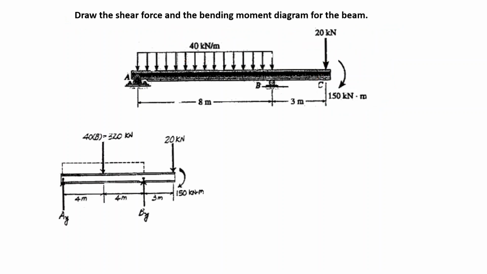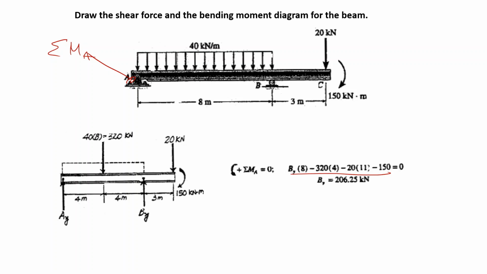Now, instead of this distributed force for support force calculation, I put 40 times 8, that is 320 kilonewtons, and AY and BY are my support forces. If you write the moment for MA, you find this value, that is BY.